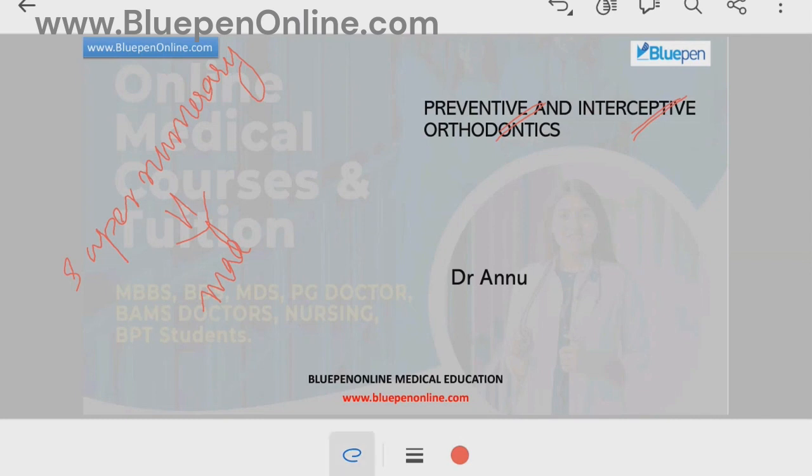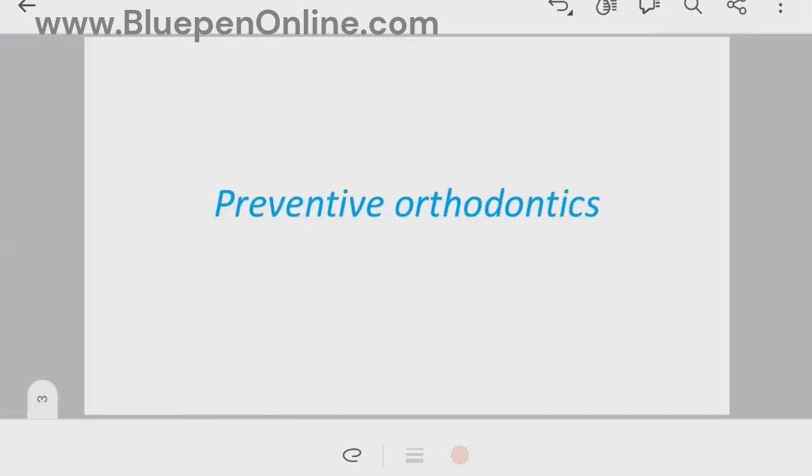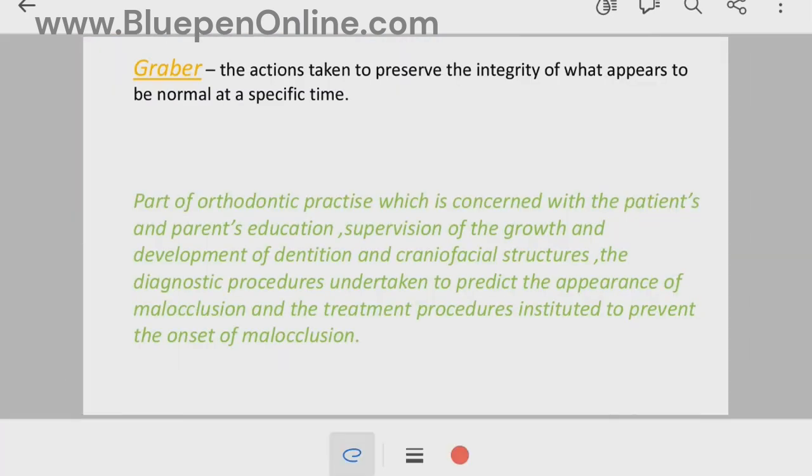I hope it's clear. This is the definition for the preventive: the actions taken to preserve the integrity of what appears to be normal at a specific time. So here we'll have patient education, parent education.